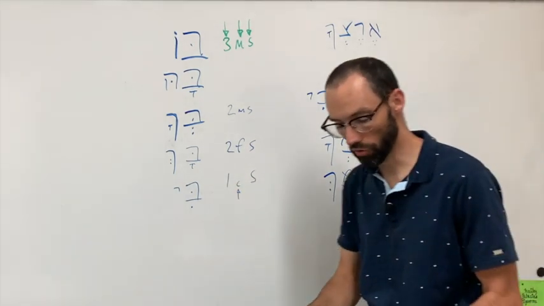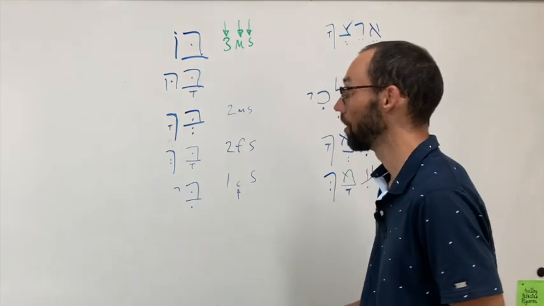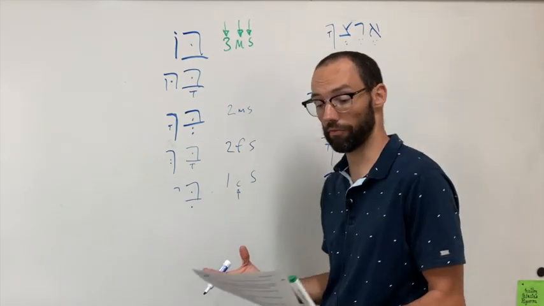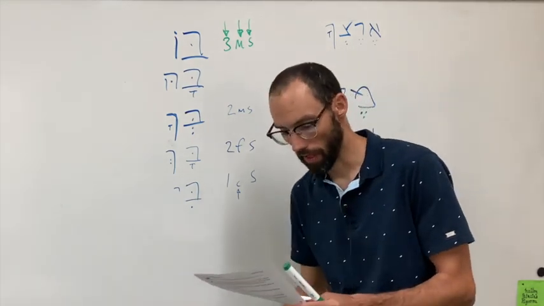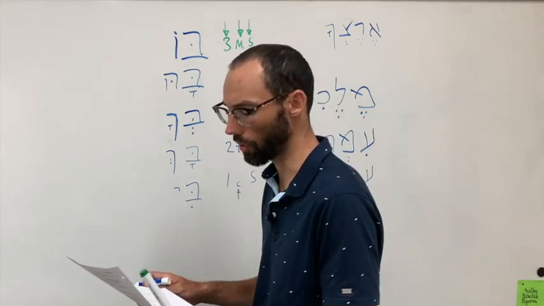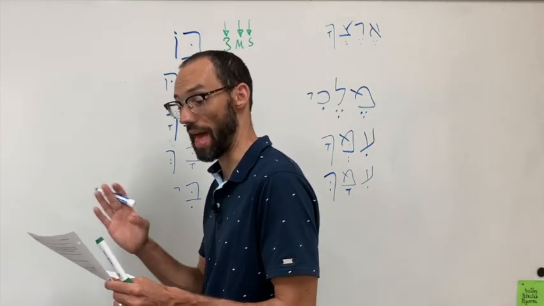So those are all the singular pronouns. Now there's just five plural pronouns. We'll take those starting out with them.